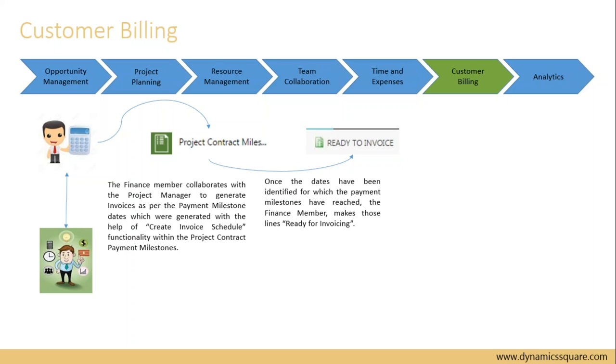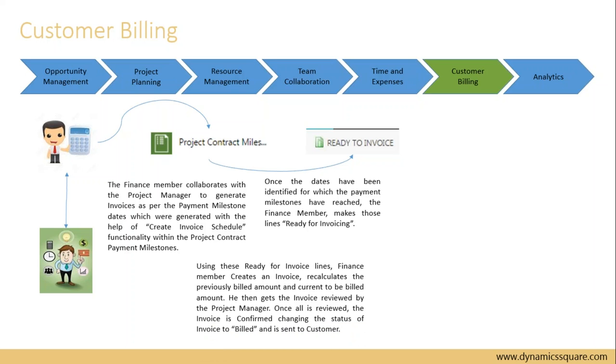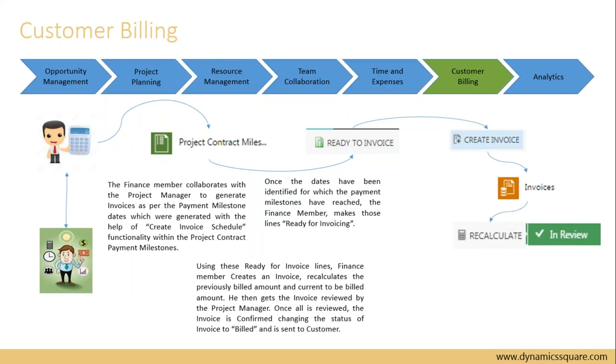Once the dates have been identified for which the payment milestones have been reached, the finance member marks those lines as ready for invoicing. Using these lines, which are called ready for invoice lines, the finance member creates an invoice, recalculates the previously billed amount and the current amount that is to be billed to the client.